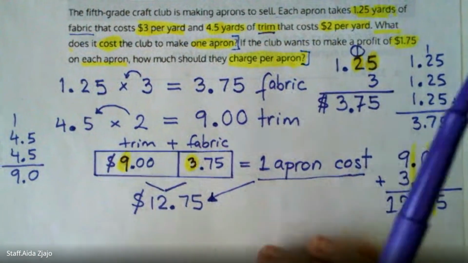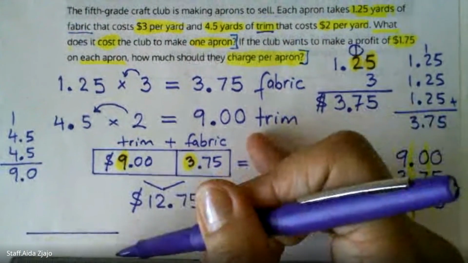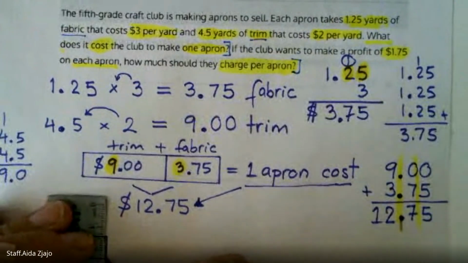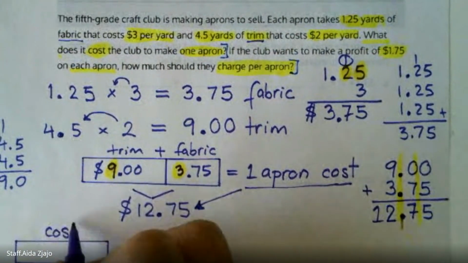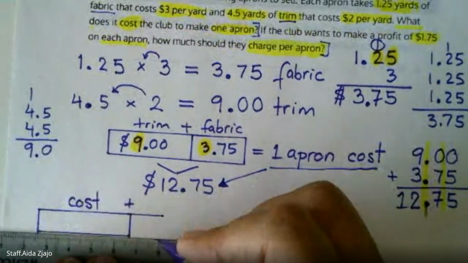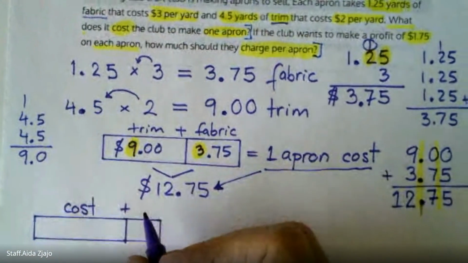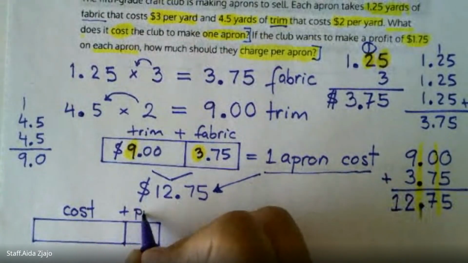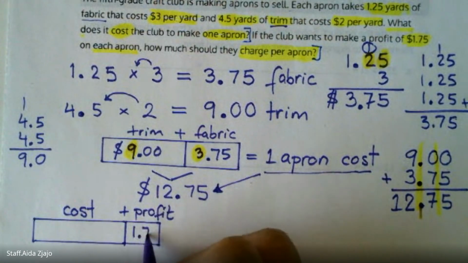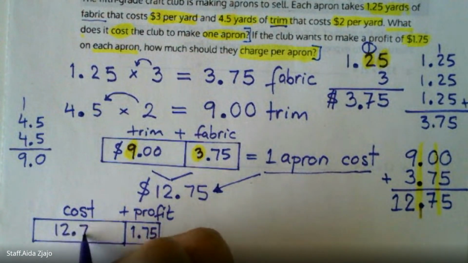What that means is you can add the cost plus profit, which is $1.75, and the cost was $12.75.